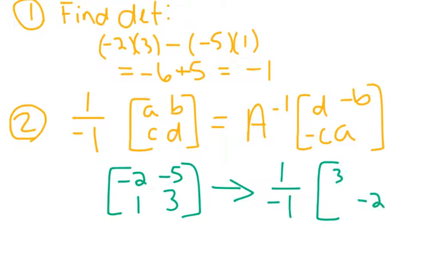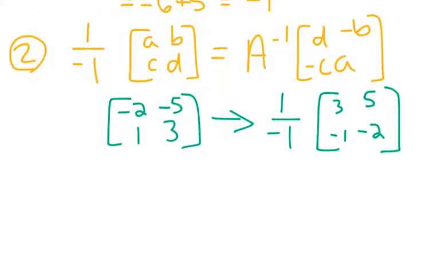They're switching positions, and now we're going to switch the signs of B and C. Now I have our determinant out in front, so I need to divide by a negative 1 for all of these. So we're going to get negative 3, negative 5, 1, and 2.